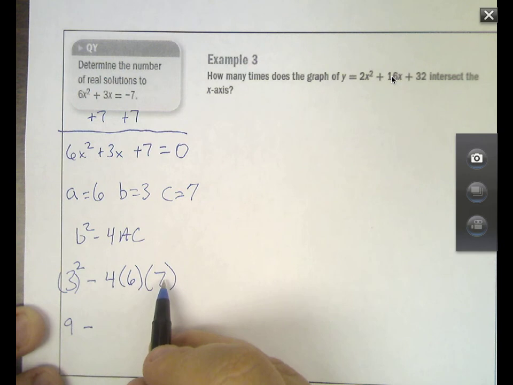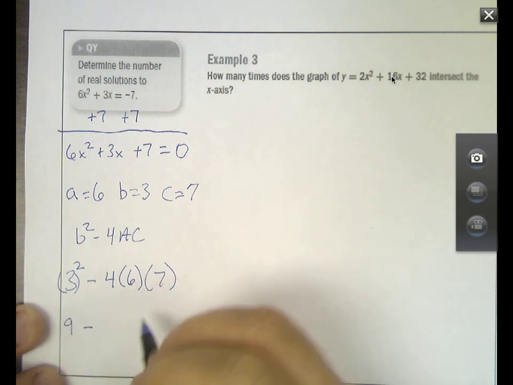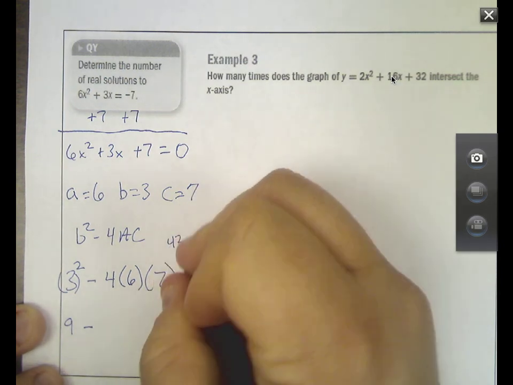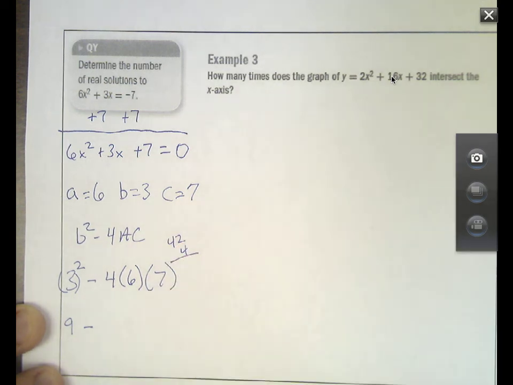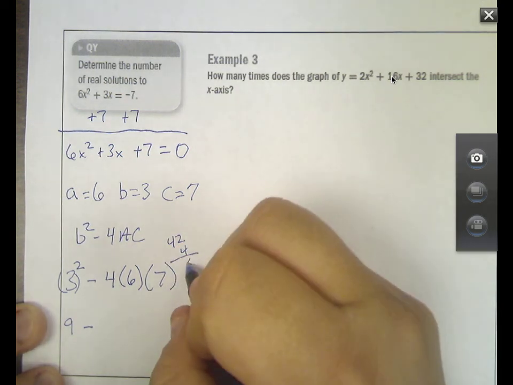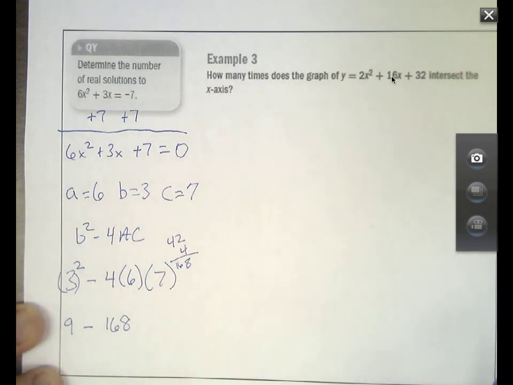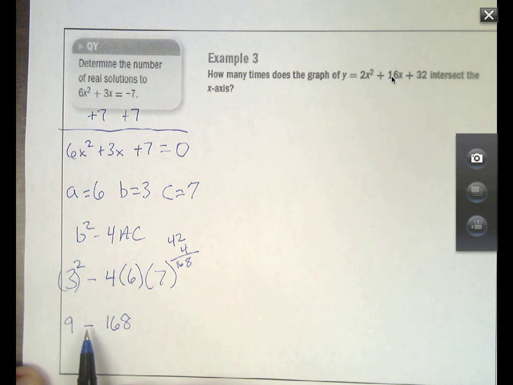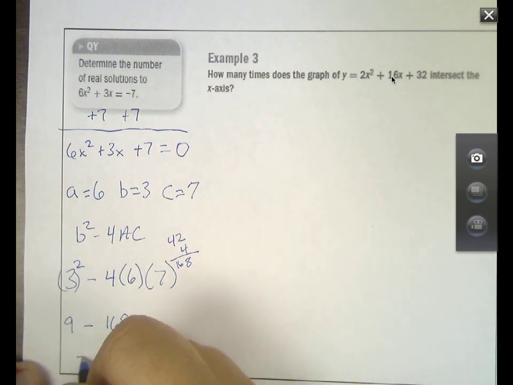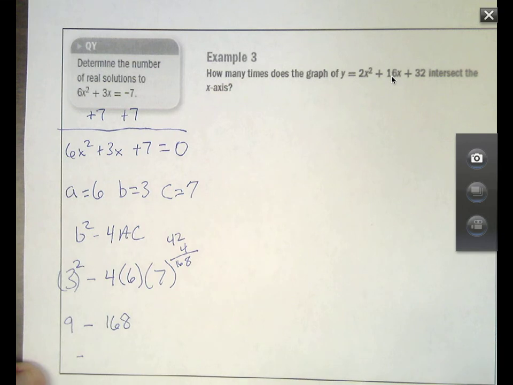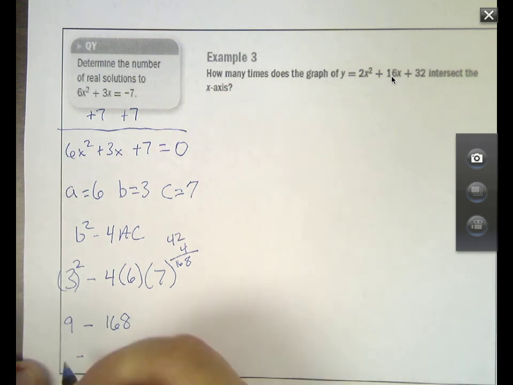3 squared is 9. Minus 4 times 6 times 7. Well, 7 times 6 is 42. Times another 4 is 8, 16, 168. Well, 9 minus 168 is a negative. Anybody?